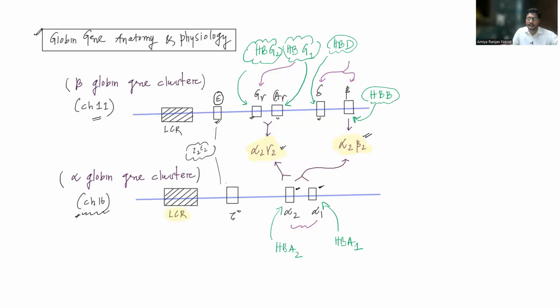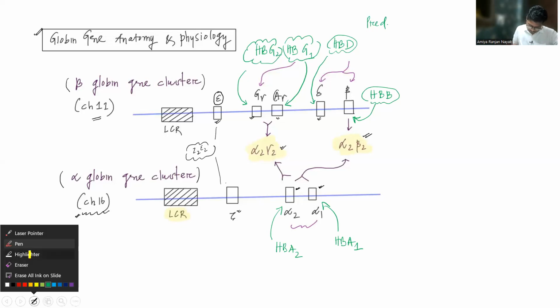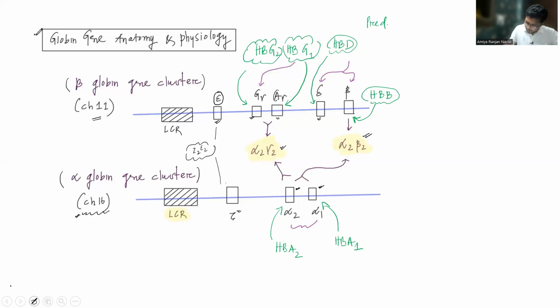Okay, so these are the names of the genes, and the globin genes that are produced I have already written. Now the next point you have to remember is what is the predominant beta-like globin before birth and what is the predominant beta-like globin after birth.